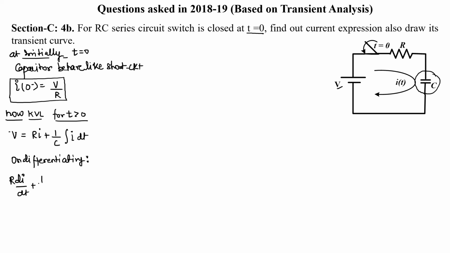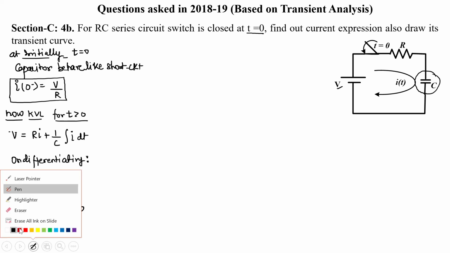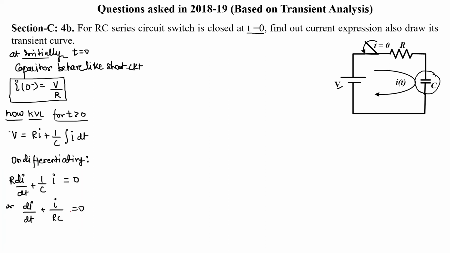The derivative of integration i dt will be i, and the derivative of V equals 0, or di by dt plus i upon RC equals 0. ठीक है, तो ये हमारे पास में कंडीशन है.